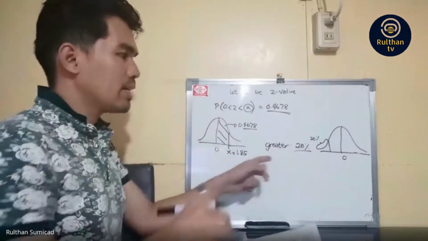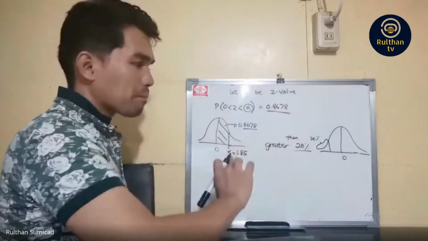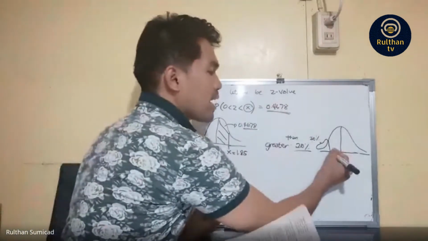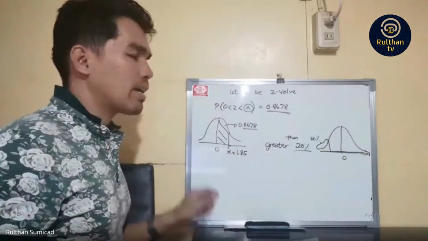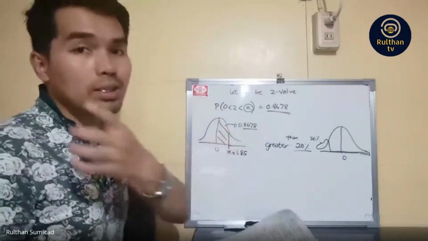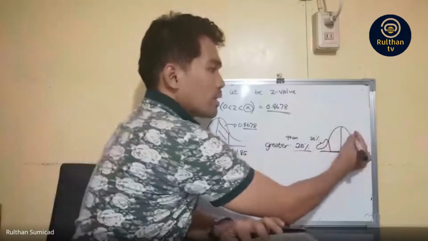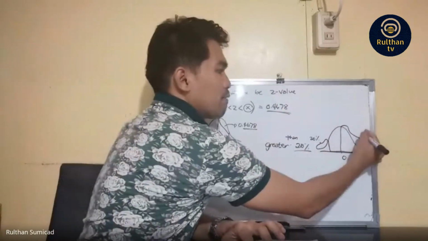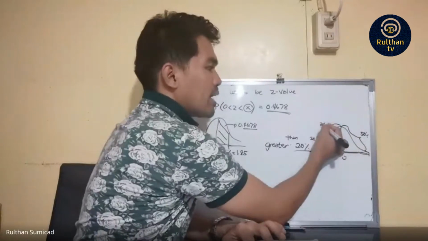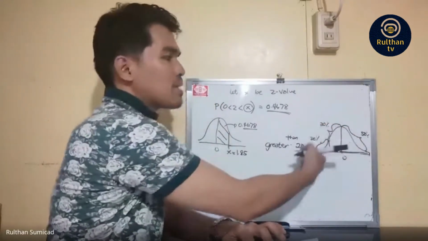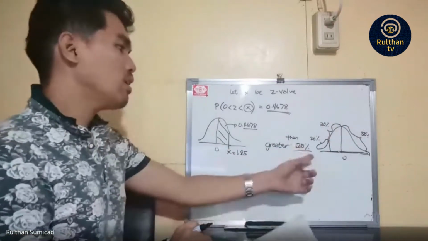Since we want greater than 20%, we're exactly referring to this area. So technically, we're talking about the 80%. Take note, this side here is 50%, while the other half here is 30, because 30 plus 20 gives us 50. 50, 50, that's 100%.